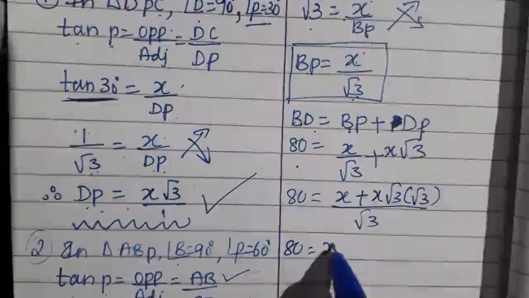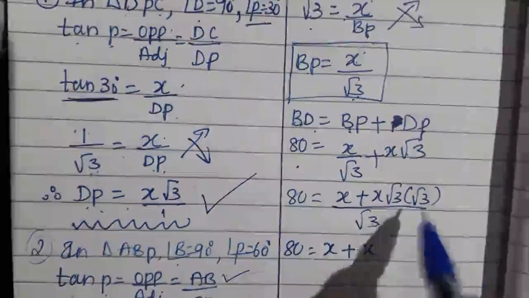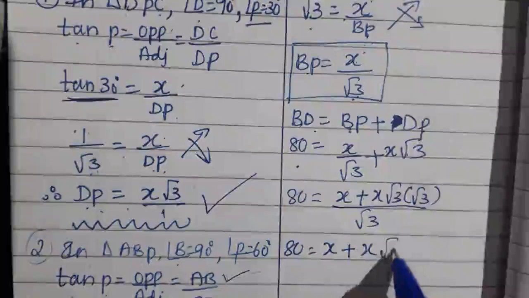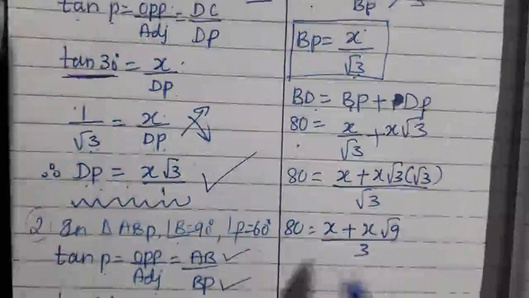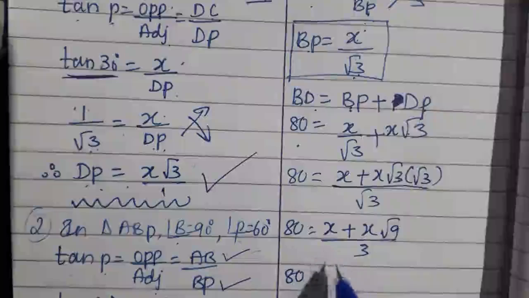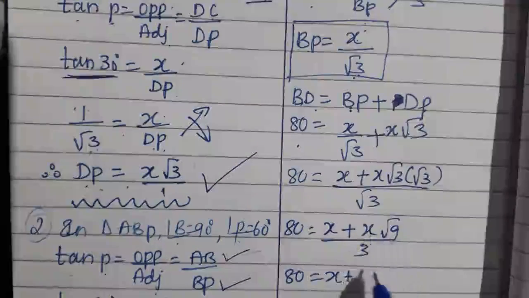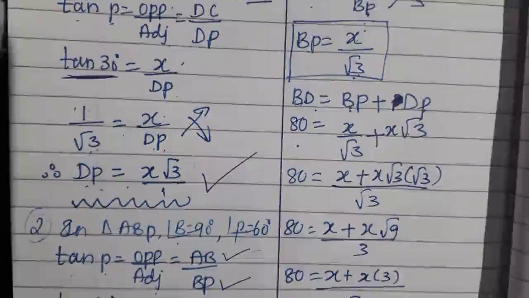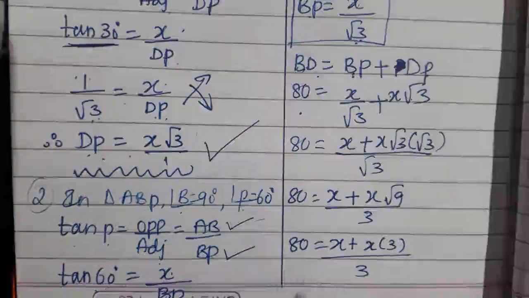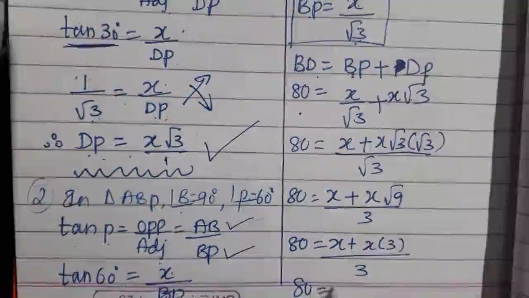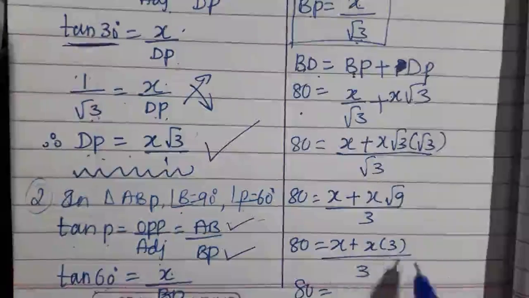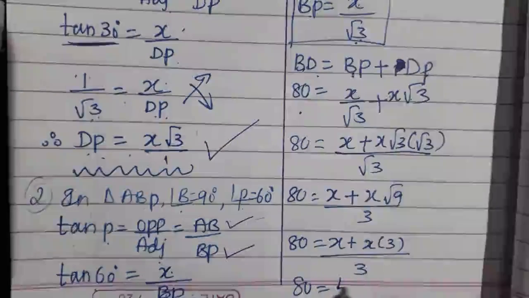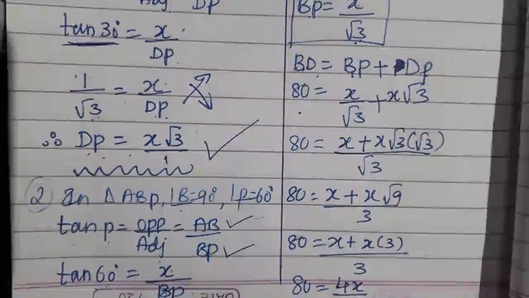So 80 is equal to x plus x root 3 into root 3 is root 9, by root 3. Square root of 9 is 3. So 80 is equal to x plus 3x, it gives you 4x by root 3.